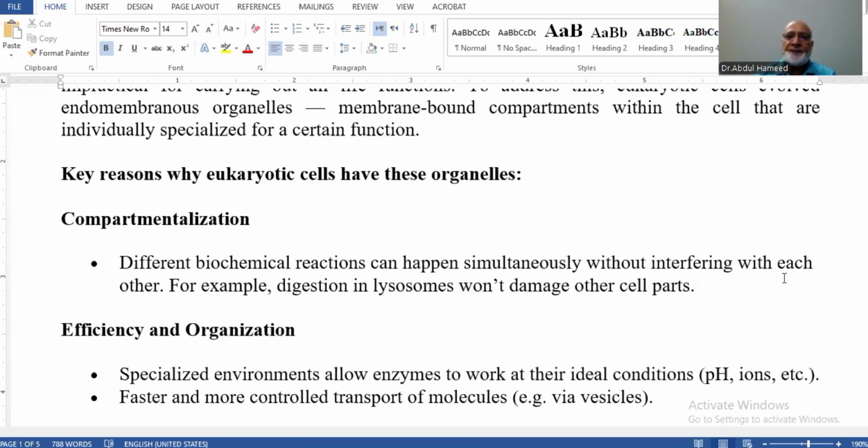Otherwise, rest of the cellular areas or structures may get damaged. So this compartmentalization is important to keep things separate from one another.